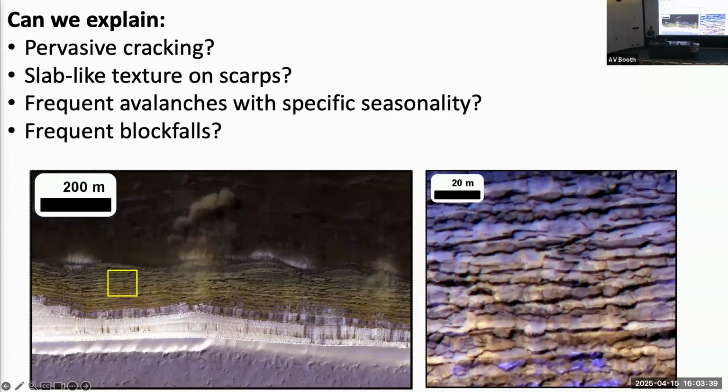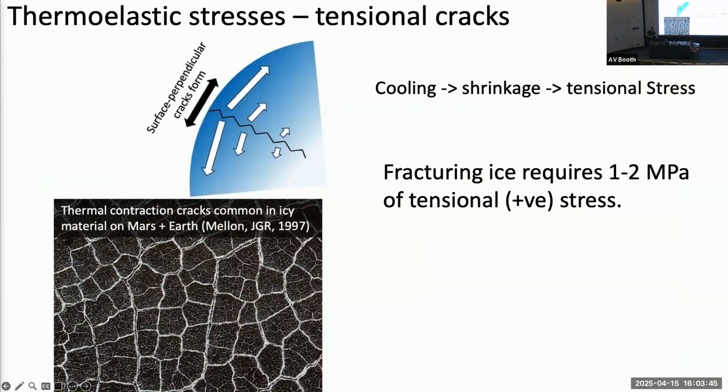To try and tie all this together, I'm going to try and explain it all in terms of thermoelastic stresses on these cliffs. There are basically two types of stress that I want to talk about. One is commonly used to explain lots of cracking in ice-related features, especially ground ice, where you have thermal contraction because the ground ice cools and the ice shrinks and it eventually forms a crack.